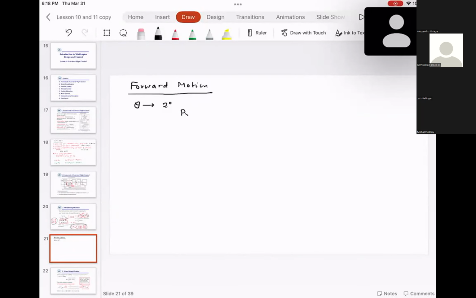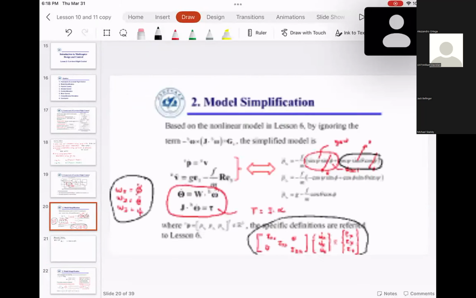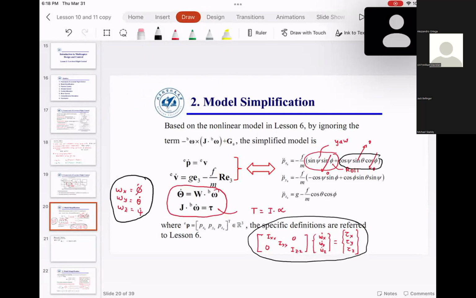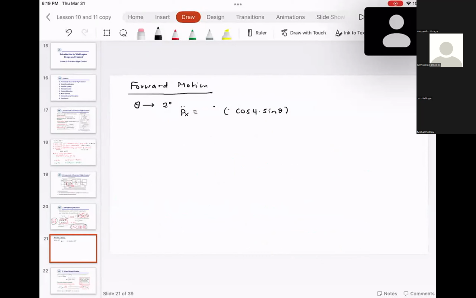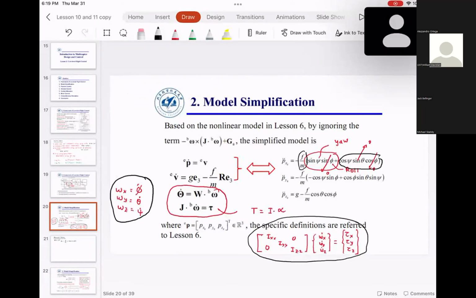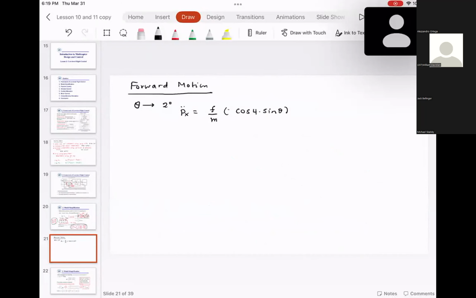So p_x double dot is equal to cosine phi sine theta, and then I would have this f by m. And there is a negative sign here.